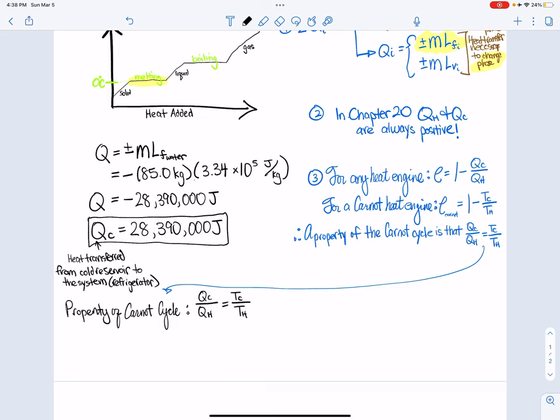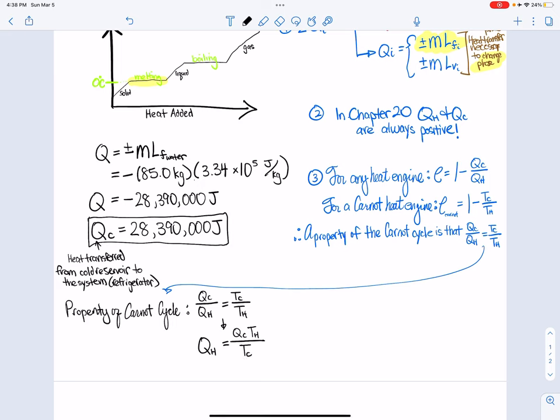And again, I know my value for cold heat transfer. I know my cold temperature, and I know the value for my hot temperature. So I could find the value for my hot heat transfer. Using this, I would find that QH is equal to cold heat transfer multiplied by hot temperature divided by cold temperature.